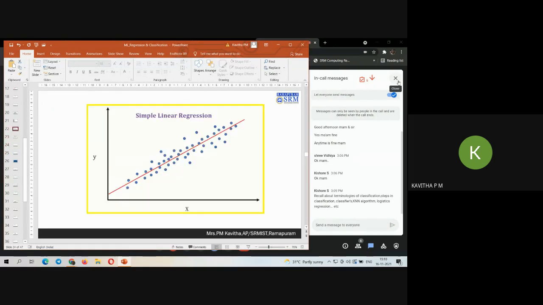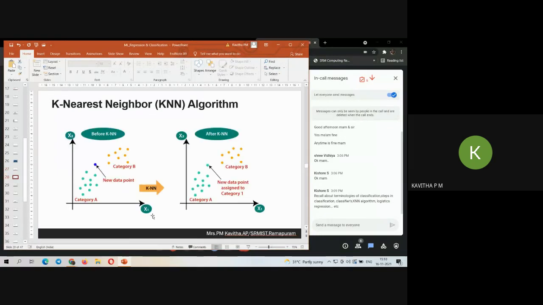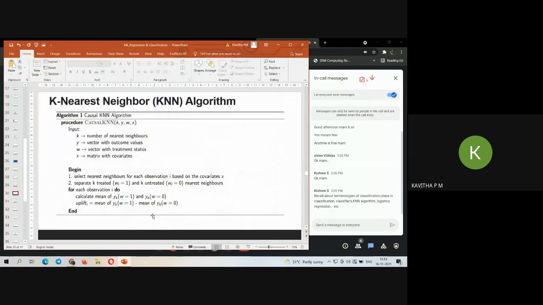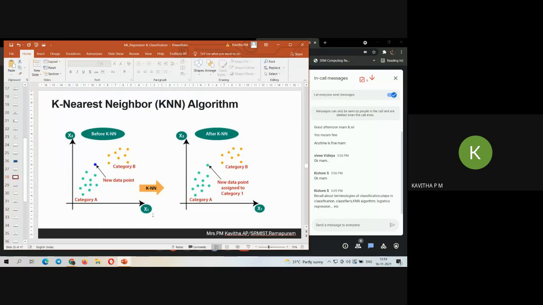The nearest neighbor will be chosen, and the formula used is the distance formula. Here we have a picture which shows how the data point looks before the KNN, and how it looks after applying this KNN classifier.